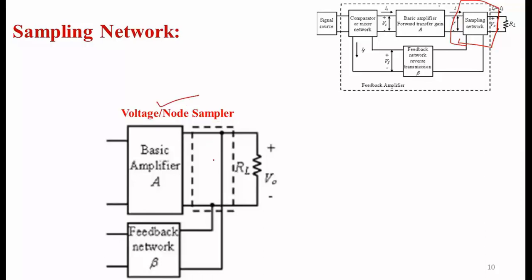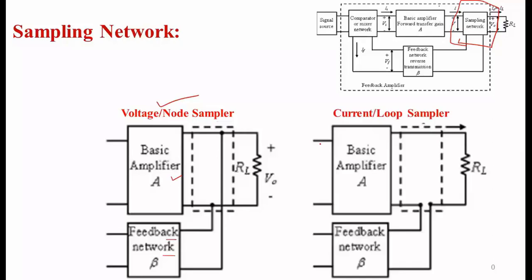In this kind of sampling, we connect the input of the feedback network in a parallel manner to the output of the basic amplifier. Means if you take the connections in parallel from the output of the amplifier and connect it to the input of the feedback network, then this is called the voltage sampler.